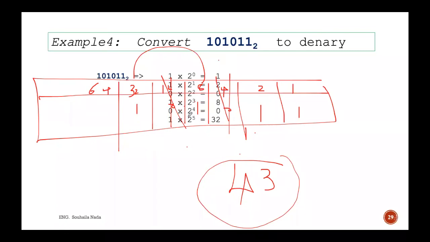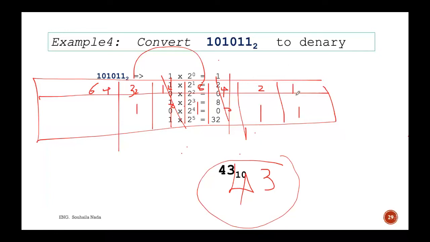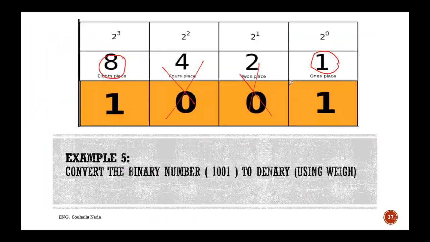Would you like to take another one or is it enough for today? Yes, it is enough for today, but before leaving, I would like to pay your attention to one important note. If the rightmost digit is 1, the answer must be an odd number.